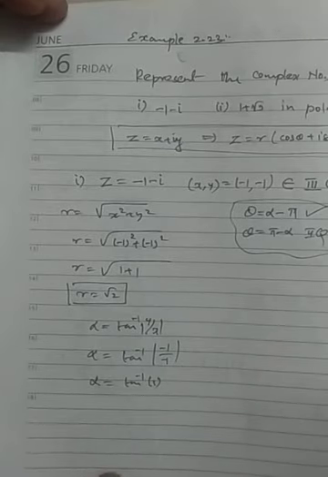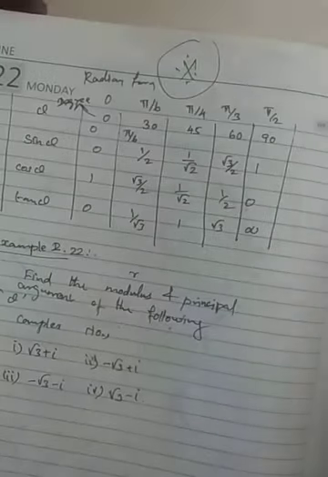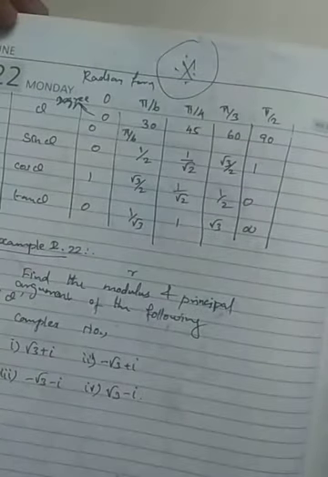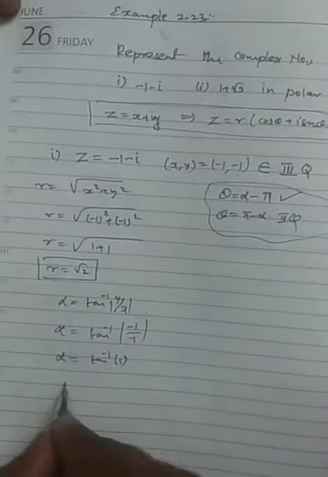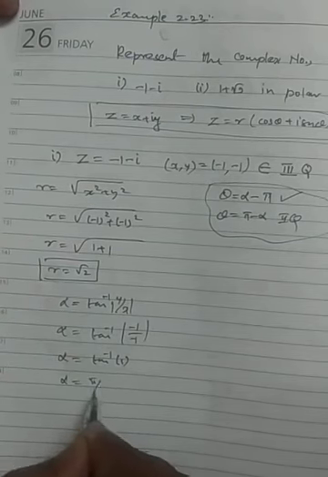When tan theta is 1, see the table, it is 45 degrees, that is pi by 4. So alpha is pi by 4. But which quadrant does it lie in?